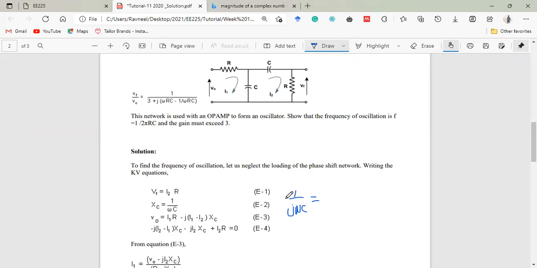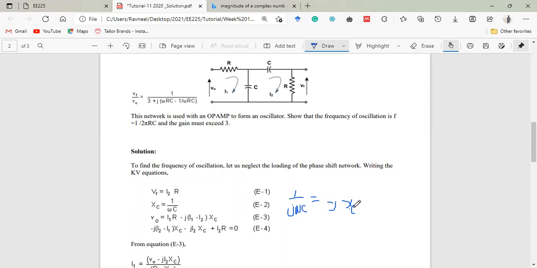The j will go up, so that will form negative j. So we are left with just 1 upon omega C, which is equivalent to XC. So 1 upon j omega C is equivalent to, remember this j goes up, so it will form minus j, and 1 upon omega C is equivalent to XC.